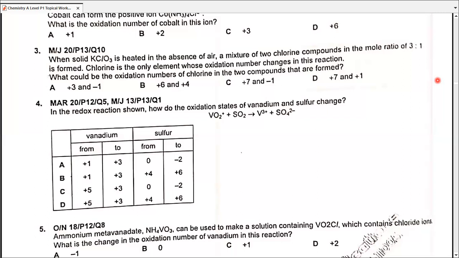Cl2. It can be Cl2O7. It can be KClO5. It can be these two. Any one among these two. So when you said Cl2O7, and one was KClO5, right.